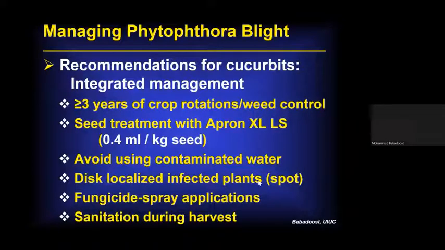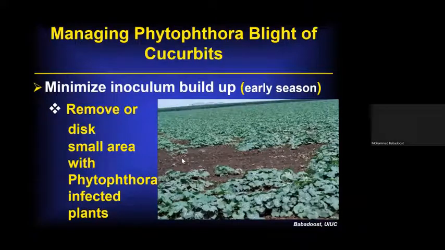Disc localized infected area. When we have a large field, for example, in Illinois, this is a pumpkin field, 200 acres, roughly about 80 hectares, usually pathogens start in the low area. We have to go check the field every bit.